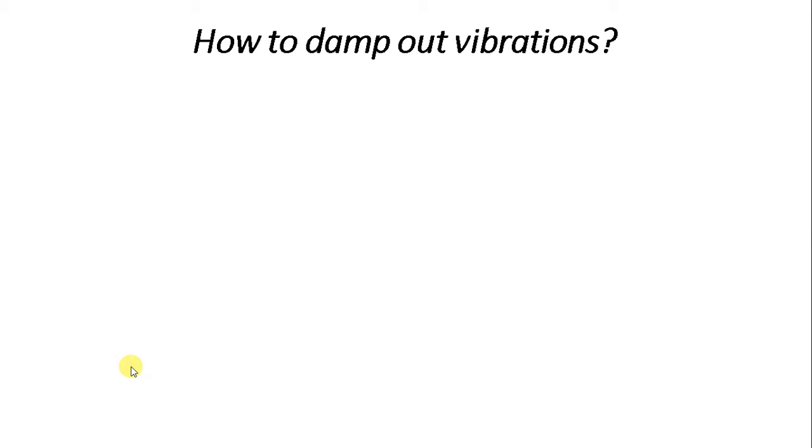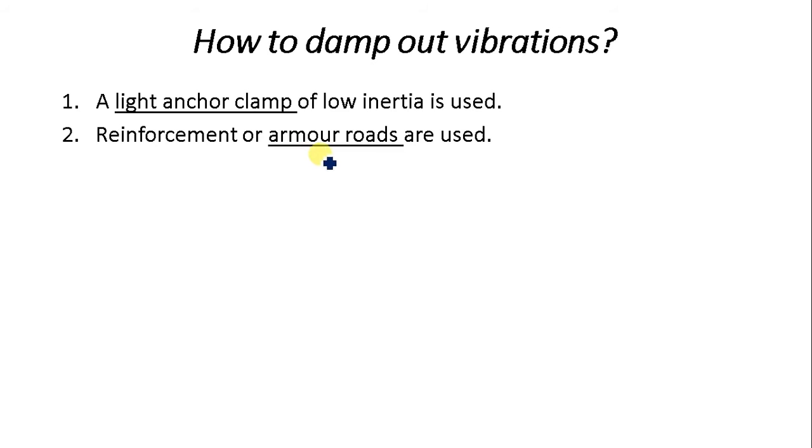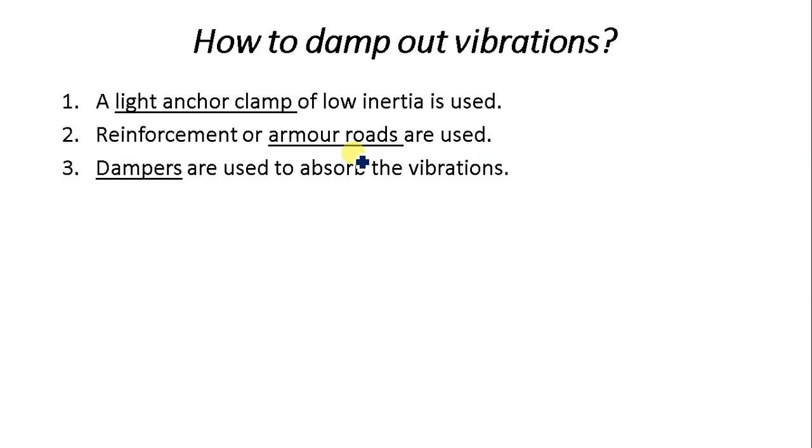For that we can use three types of measures. The first is a light anchor clamp, which has low inertia. The second is armor rods, and third we can use a damper to absorb the vibration. Majority of the time, to damp out the oscillation we use a damper, especially Stockbridge dampers. But the Stockbridge damper has a higher price.